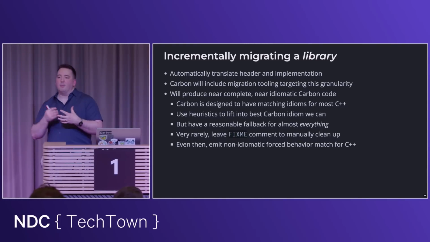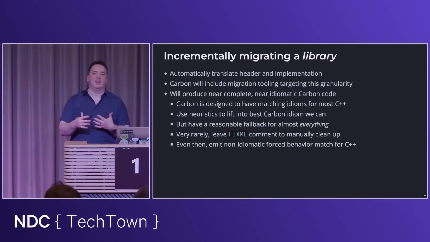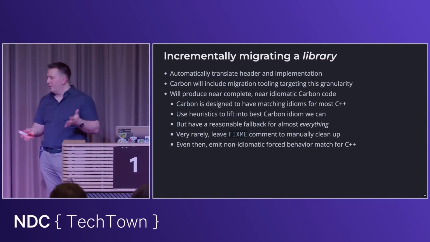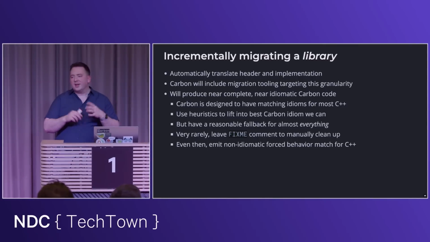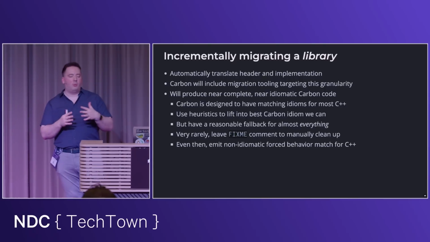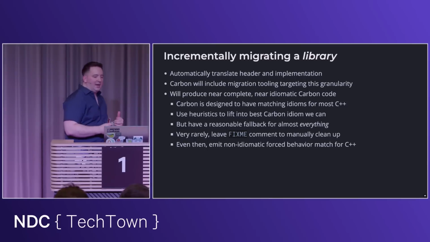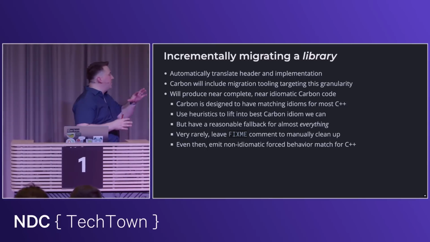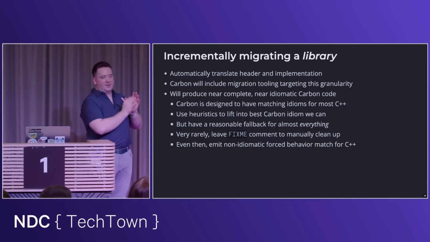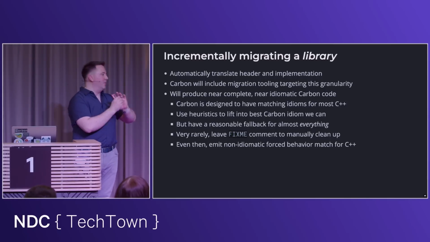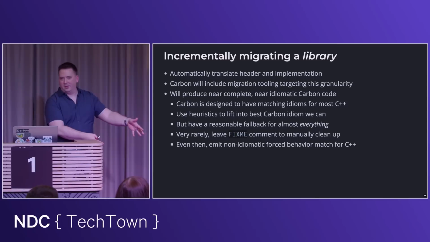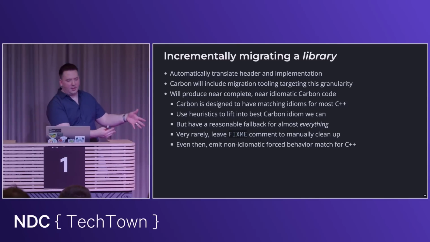And where we have improvements or things we'd like you to do better, we can have heuristics to try and lift from C++ idioms into nicer Carbon idioms. But we're going to have reasonable fallbacks for almost everything. And very rarely, we will leave a fix me comment saying, this is super ugly, I don't know what was going on in the C++ code, we did the best we could, but you should look at this code and make sure it's actually working the way you want.